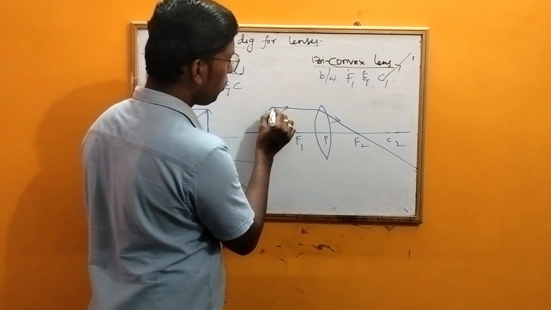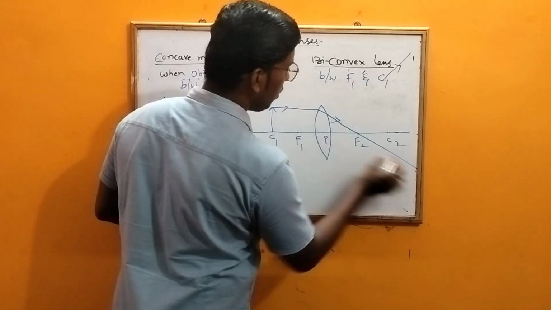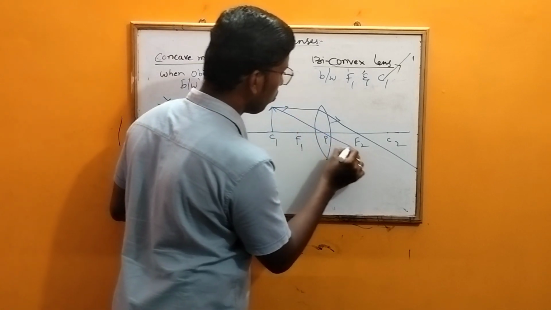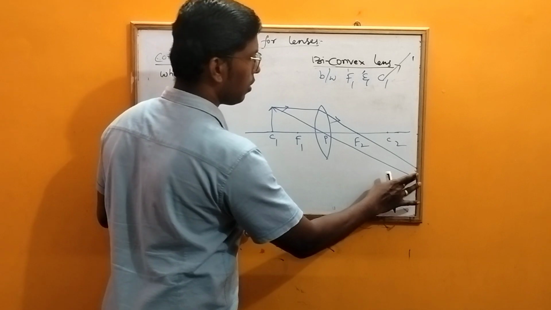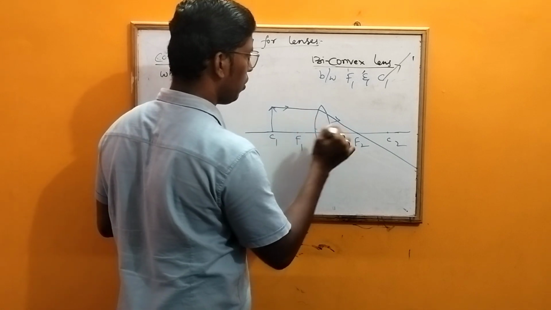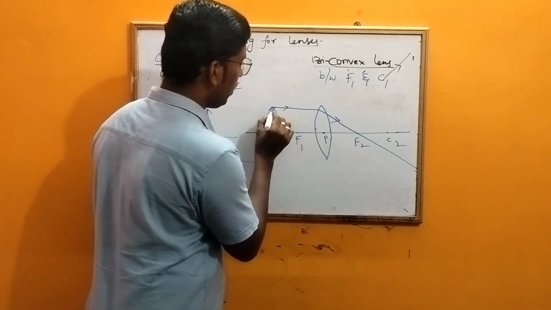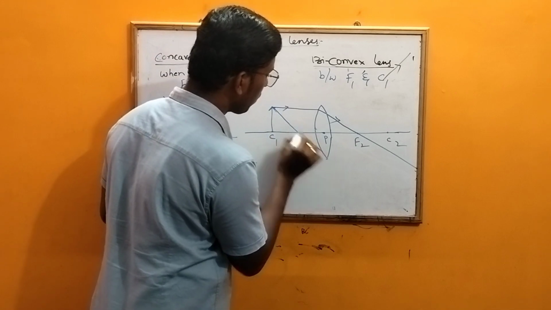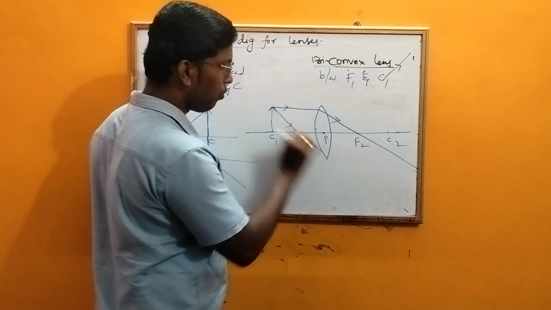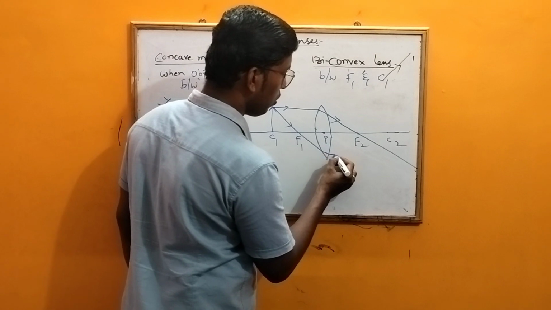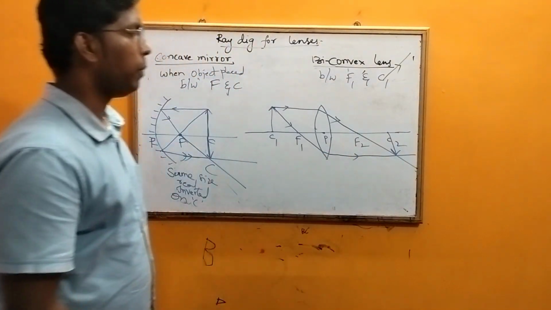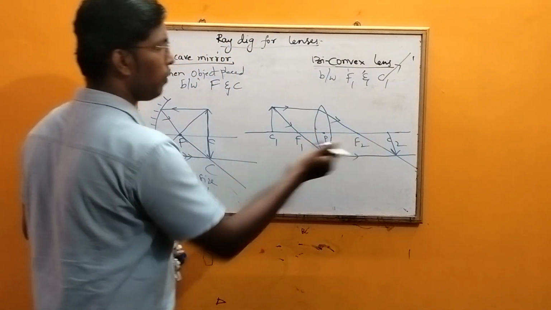Just for your understanding, if I try to draw through the optic center, it is not meeting on C. So I'll use another rule: the ray passing through F. After refraction, if it is passing through the focus, it goes parallel. So you can draw in this way, and here you will get the image of this object, the same way on C1, C2.